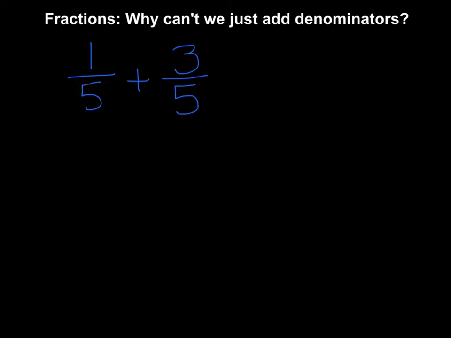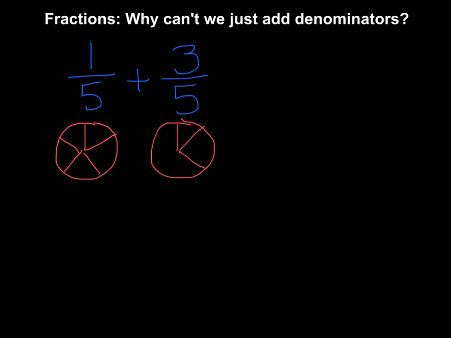So if we draw that out real quickly, I'm going to do my best to make nice circles here for you. There are two pies that are the same size, and now we're going to try to split them up into fifths. That's not too bad. One more time. Not as good, but close enough. And now let's fill in our slices.